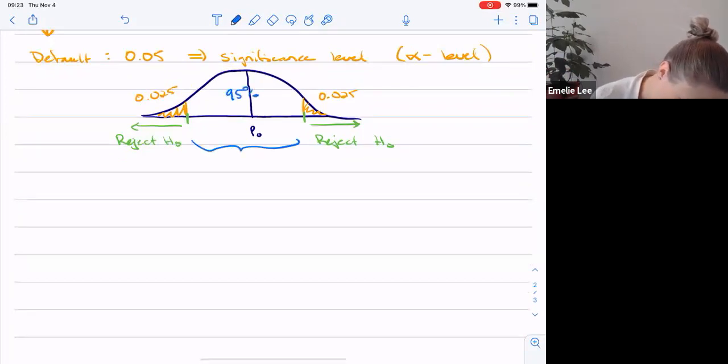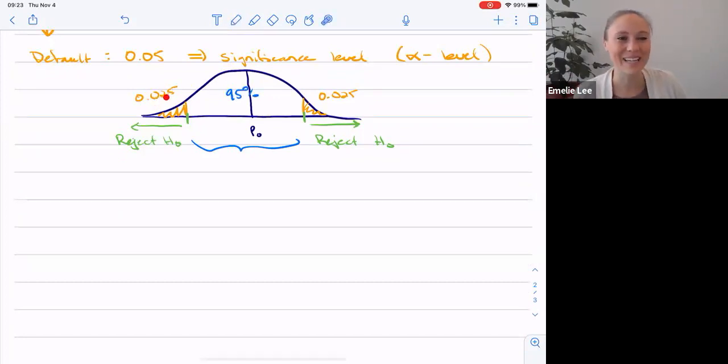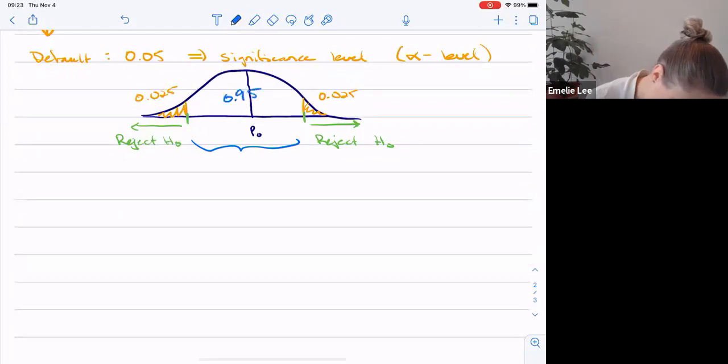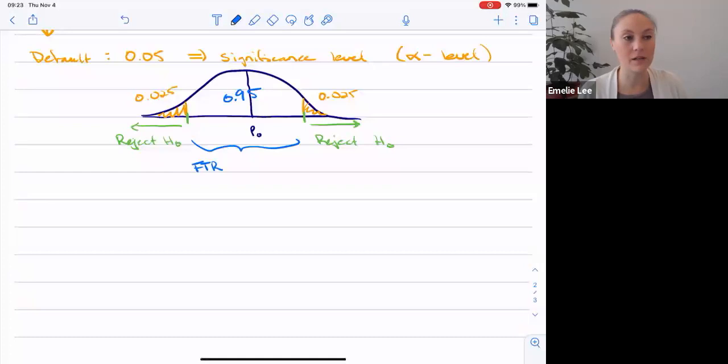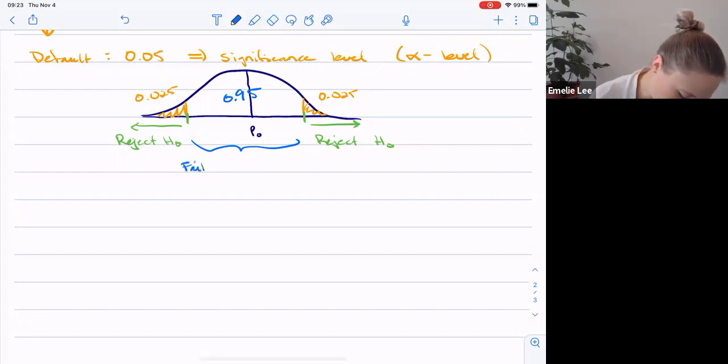So we have 95% here. I shouldn't be mixing my 95 and my 0.025s. Maybe I'll change that to 0.95. Fail to reject. And maybe I should clarify, that's a pretty common abbreviation. So fail to reject H naught.